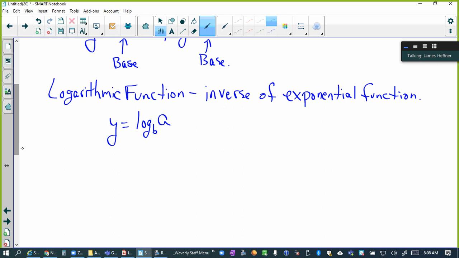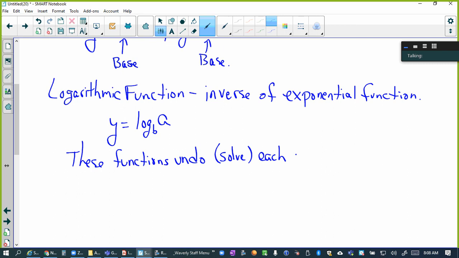So these functions undo each other, all right? The exponential and logarithmic functions undo each other. And by undo, you might just say solve each other. They will undo each other if the bases are the same, okay?